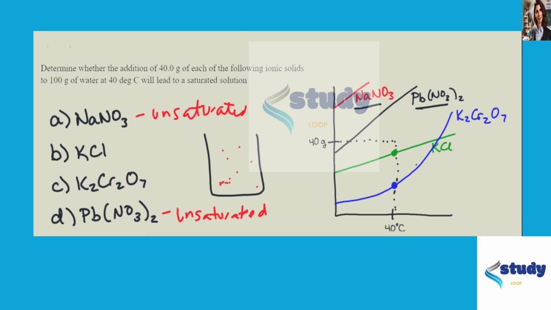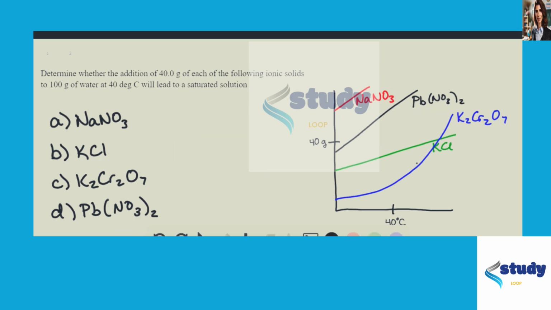And so then I'm going to start seeing some of the solid forming, so that will be a saturated solution. So these are saturated because I've exceeded their solubility. They have a solubility of less than 40 grams for 100 grams of water. Consequently, they will form saturated solutions.